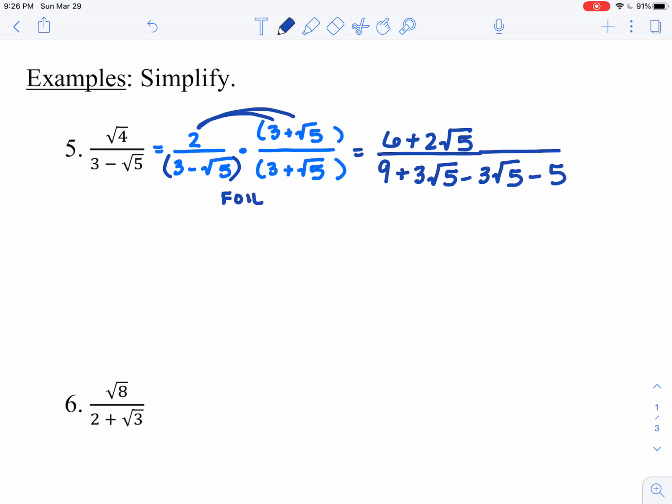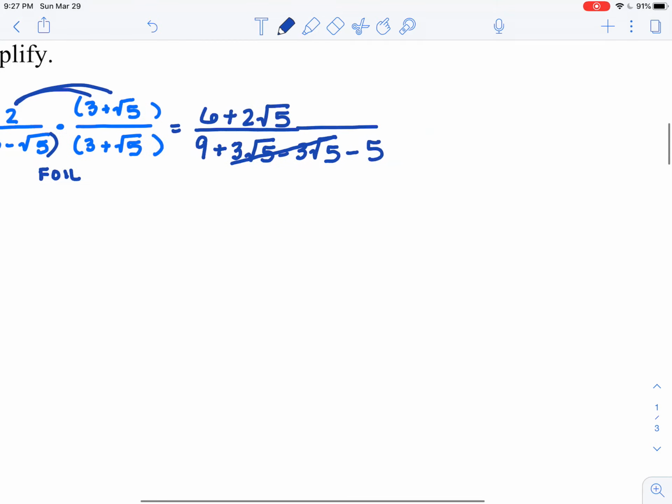In the denominator, the middle terms cancel out. 3 root 5 minus 3 root 5 just makes 0. So we're left with, in the bottom, 9 minus 5, which is 4. The numerator stays the same for now.